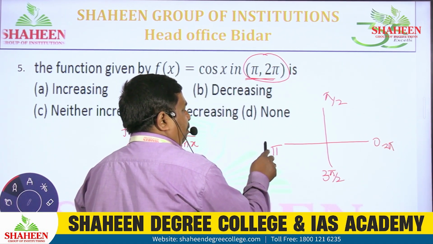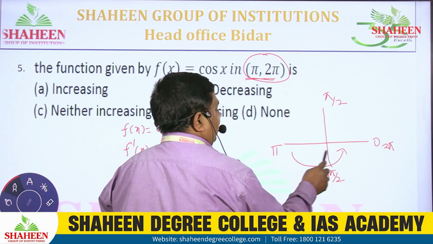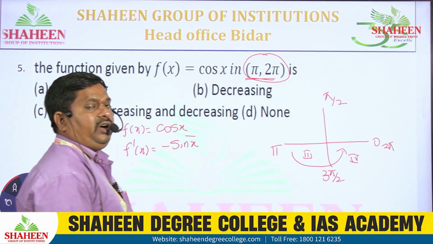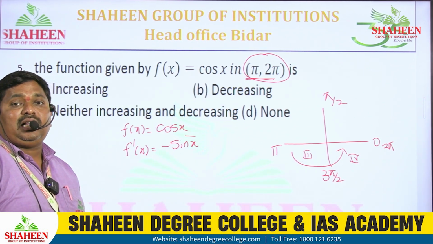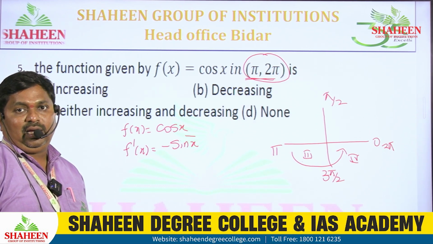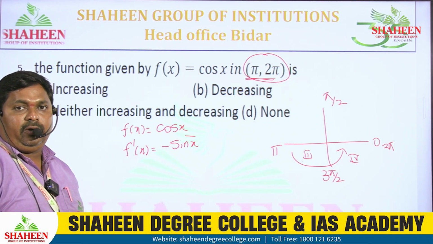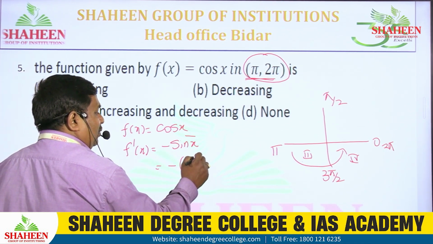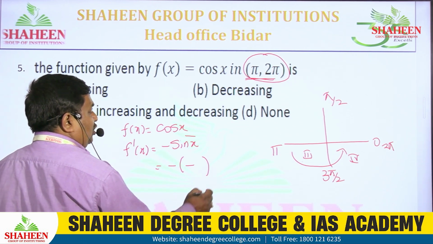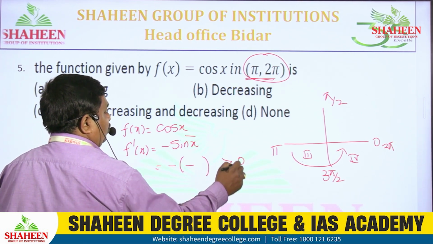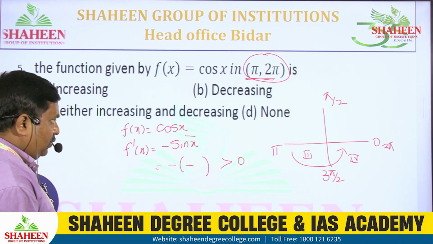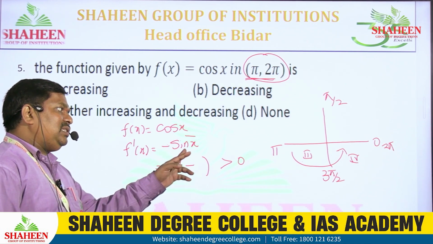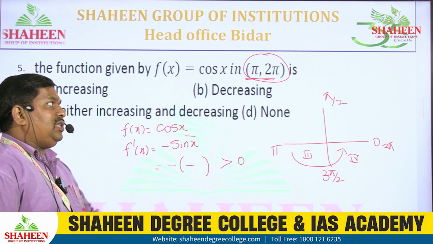Here pi to 2 pi is the third and fourth quadrant. In the third quadrant and fourth quadrant, sin value is always negative. Already here we have a minus symbol, and sin x is negative in the third and fourth quadrant. Minus into minus becomes plus, and its value is greater than 0. So the derivative is minus and sin value is minus in the interval pi to 2 pi.